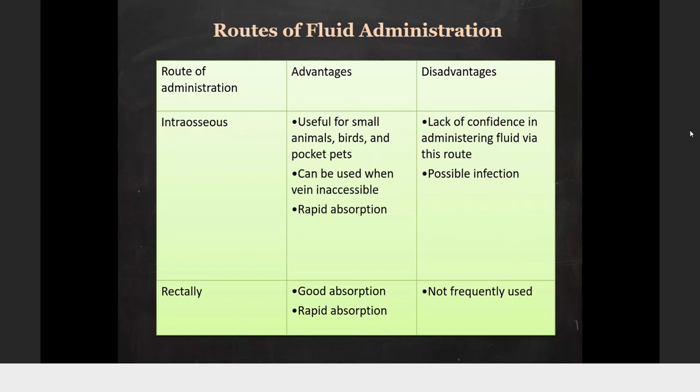I'm also not confident to give intraosseous, because we have a tendency to introduce infections to the area. You imagine osteomyelitis when you introduce an infection into the bone marrow. Osteomyelitis caused by infection is the most difficult to treat.